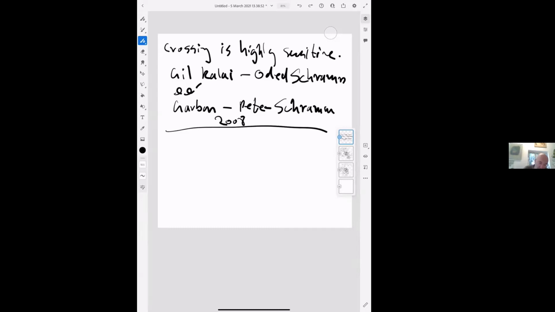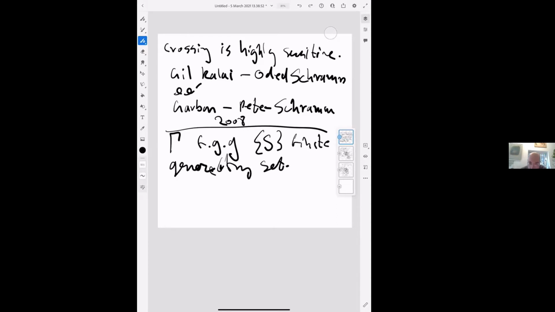Say we have a finitely generated group gamma with a finite generating set S, and then we have a random walk, where each xi belongs to S and is chosen uniformly from S.